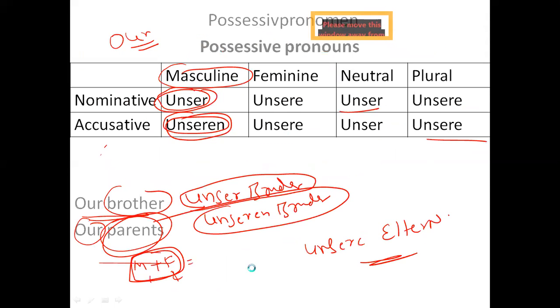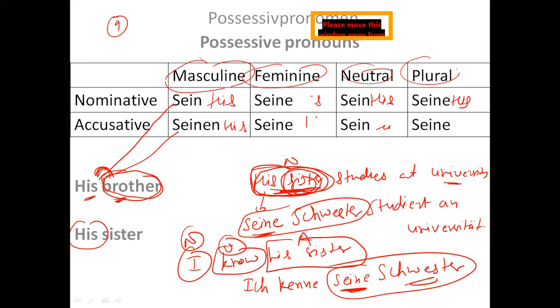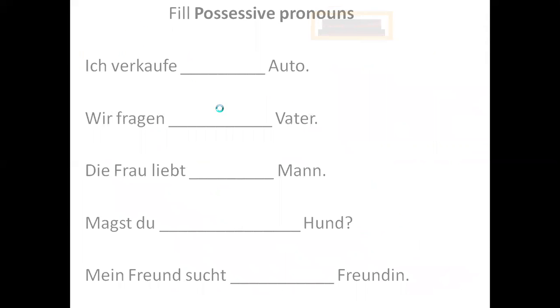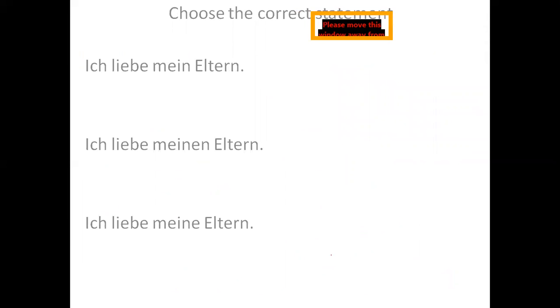If I go back to the table of his, here is his table, right? So here which his I should use? Masculine one, feminine one, neutral one, or plural one. My male friend is looking for his female friend. So female friend, it should be seine shall be the answer there. Right here I should write seine. Right? Okay.